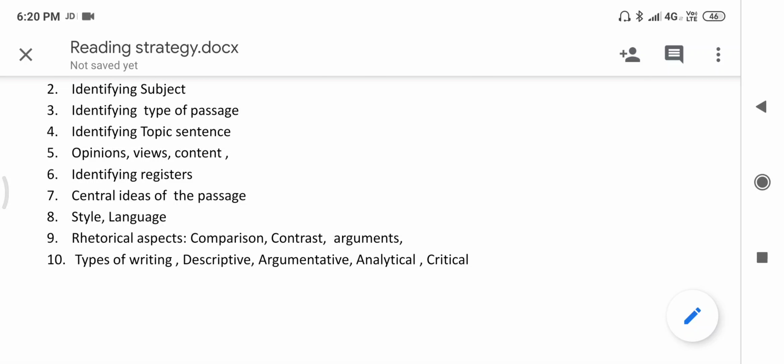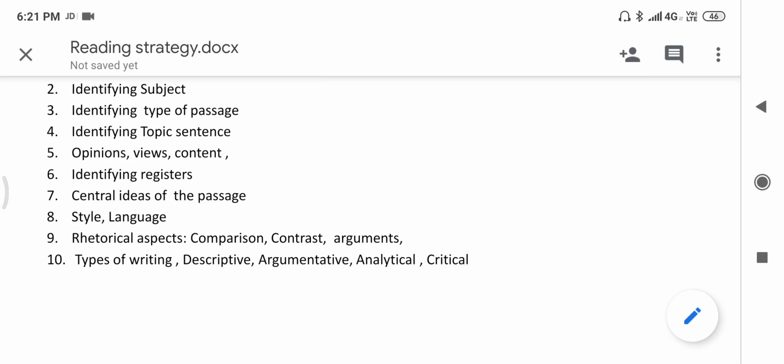If analysis is being made, the language of the passage is analytical. If arguments and counter arguments are put forward, such ideas may be discussed. So, arguments, comparisons, analysis, contrast, compare and contrast, all these features are used in the passage.